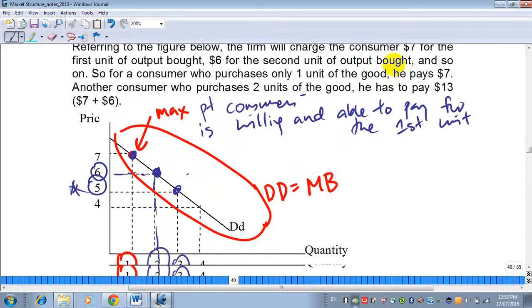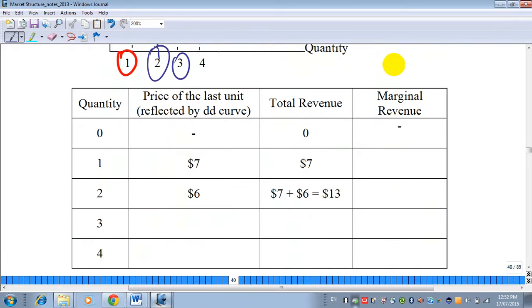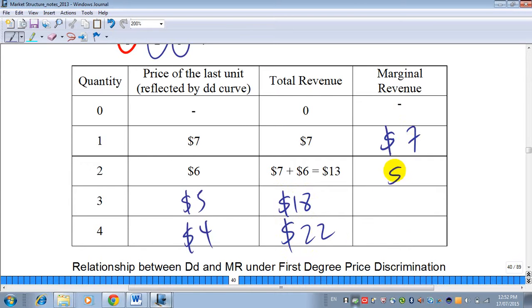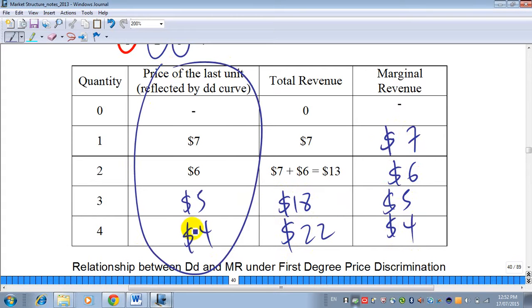Okay, so you would notice that as you fill up, I think we filled up this table before. Price of the last unit, $5, $4. Now if you take the time to fill it up, you would notice that the demand curve would be equivalent to the marginal revenue curve.